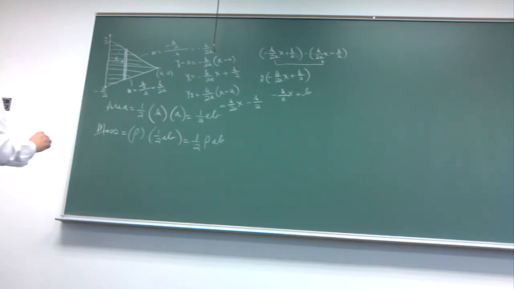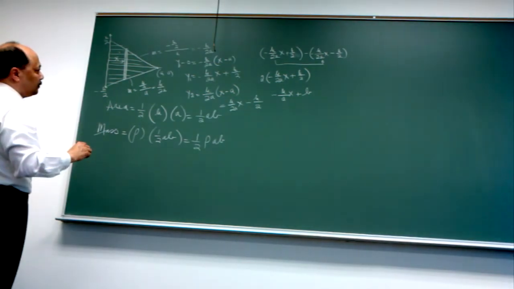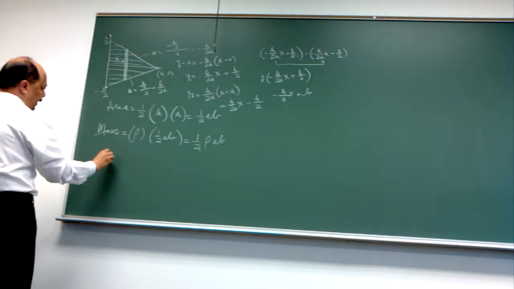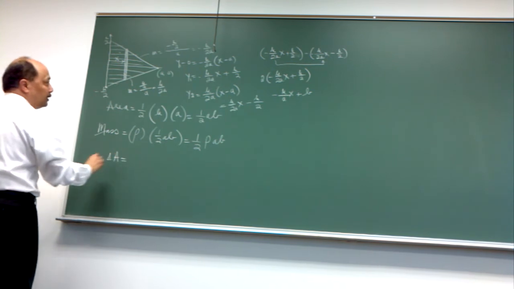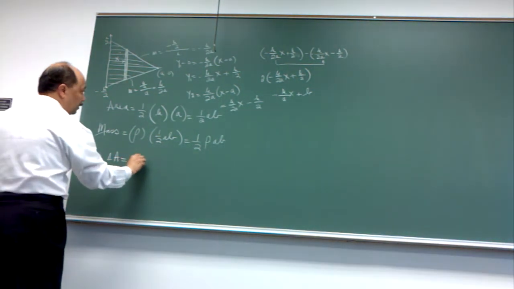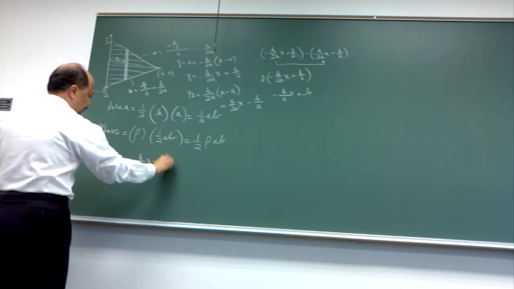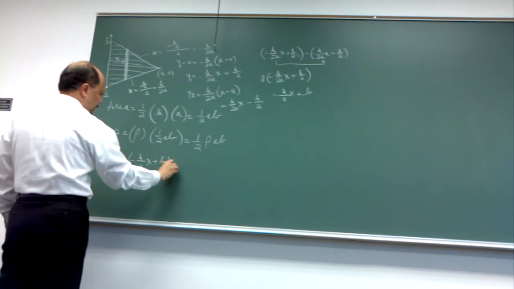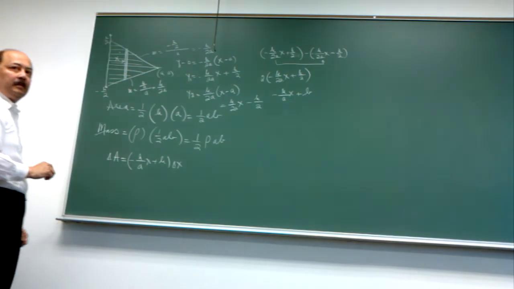So the area of this region, delta A, is negative b over a x plus b times delta x.